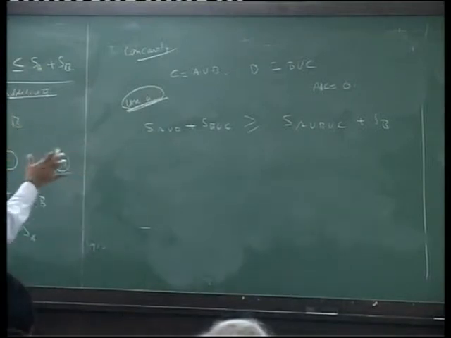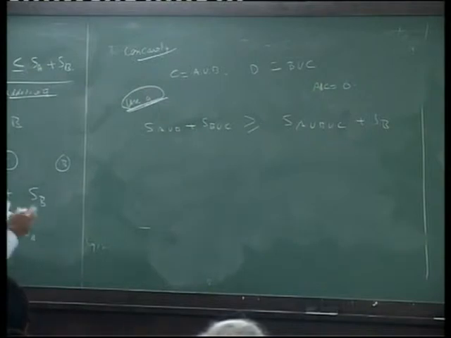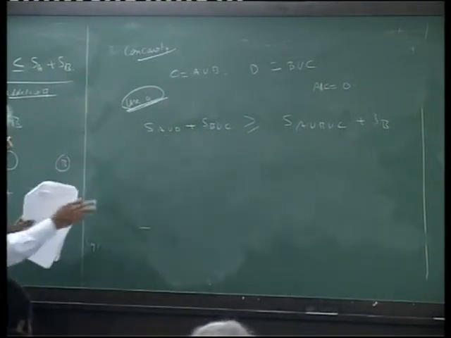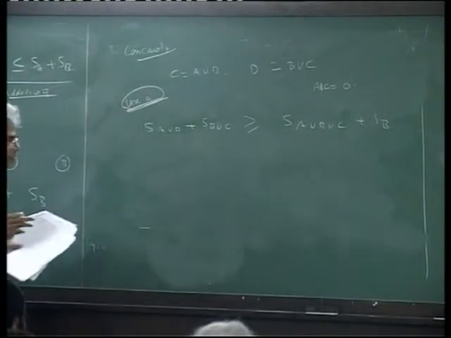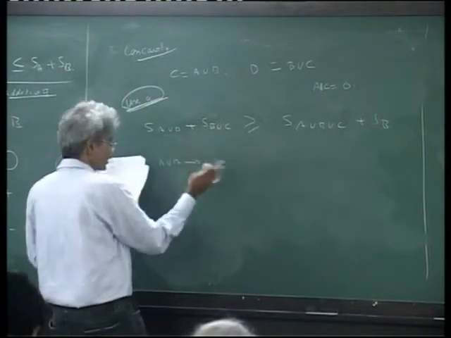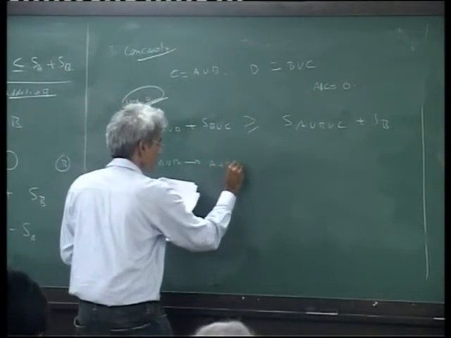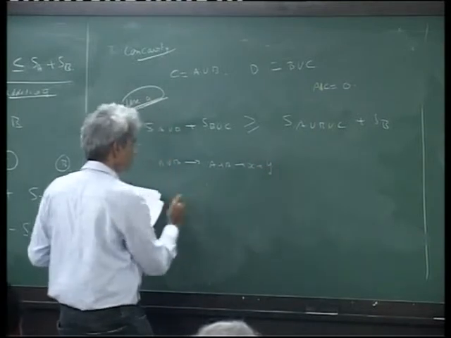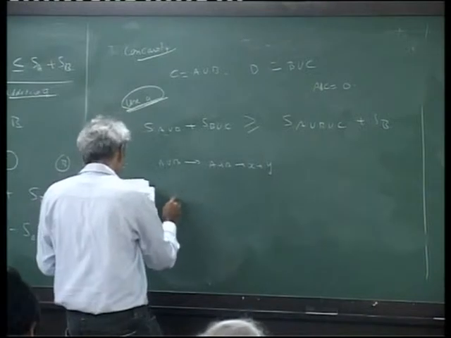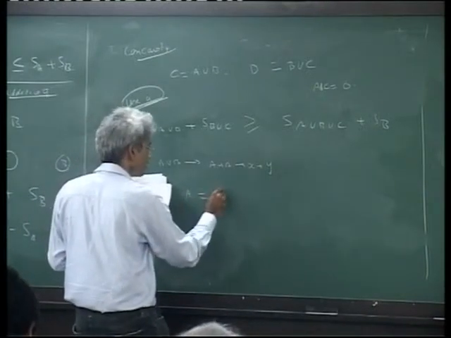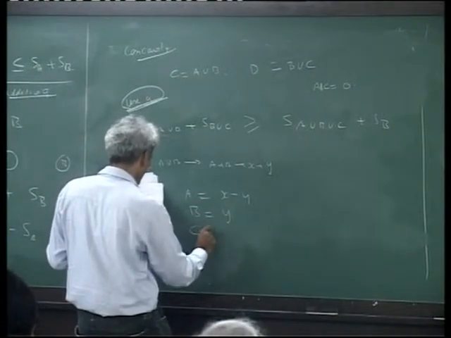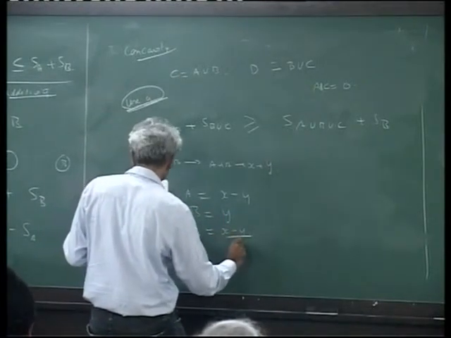Okay. So in this form, it's actually easy to see. Suppose you just replace them with numbers. I mean, this is sort of heuristic, of course, but I just want to show this is analogous to the concavity kind of relations. So if you replace A union B with numbers like A plus B, say X plus Y, and A is say X minus Y, B is Y, C is X minus Y by 2.